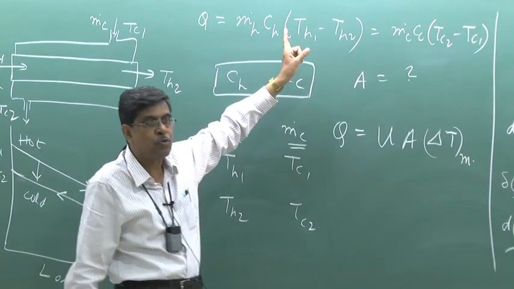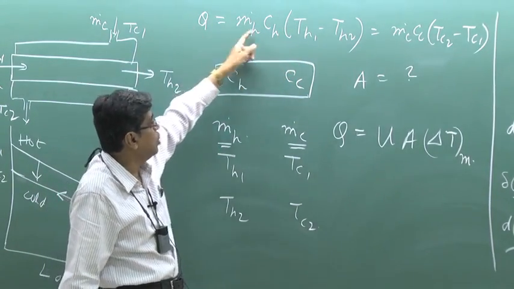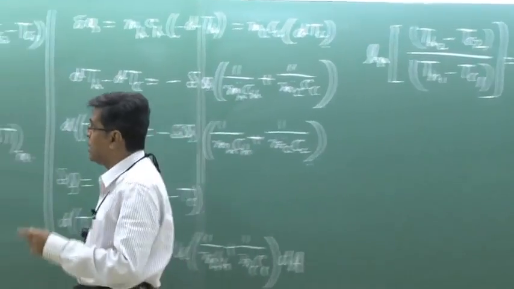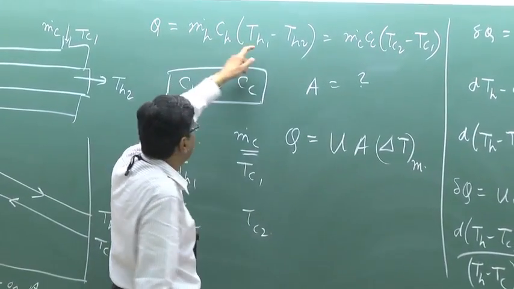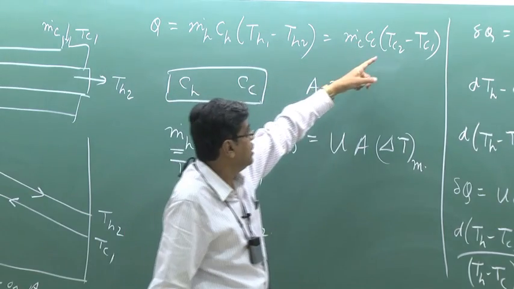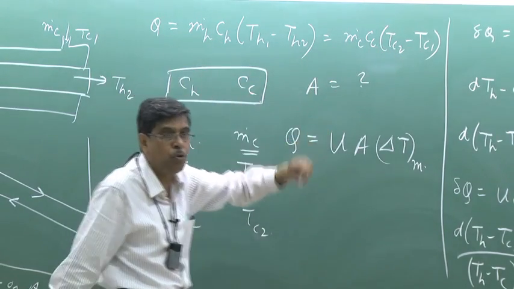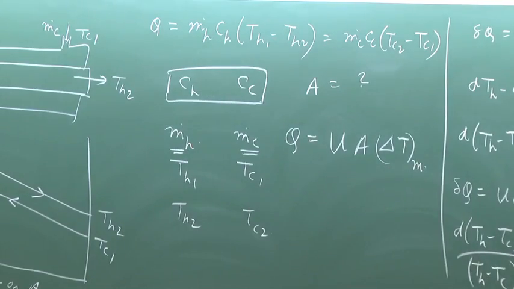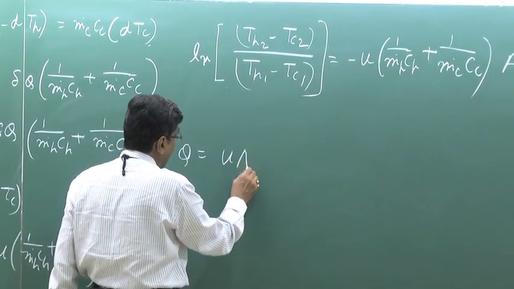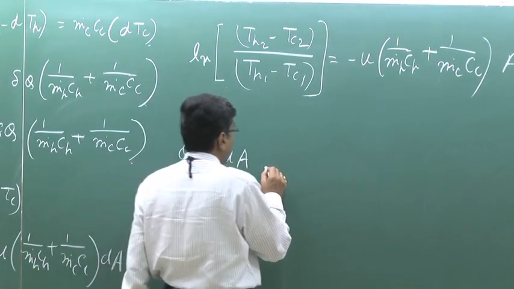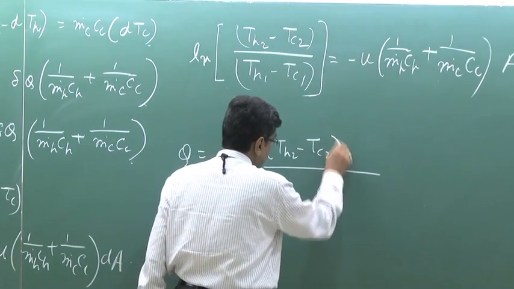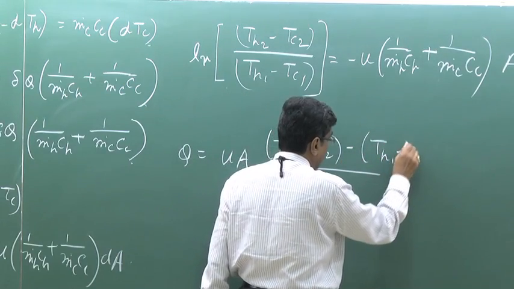That means this equality gives two relations, and ultimately I can substitute 1 by m dot H CH as (TH1 minus TH2) by Q, and 1 by m dot C CC as (TC2 minus TC1) by Q. If you do it, it's very simple, then you get Q is equal to UA times [(TH2 minus TC2) minus (TH1 minus TC1)] divided by ln of (TH2 minus TC2) divided by (TH1 minus TC1).